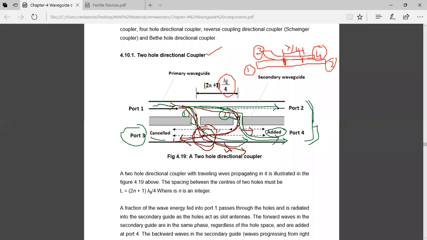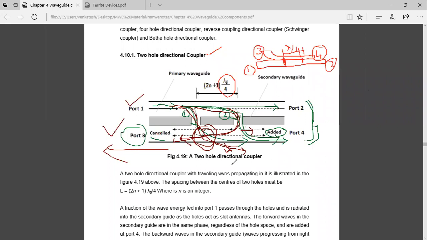Due to this, these two get cancelled, and no energy will be coupled towards port 3. So the energy coming out of port 3 will be totally 0. So we can say that port 1 and port 3 are isolated ports.